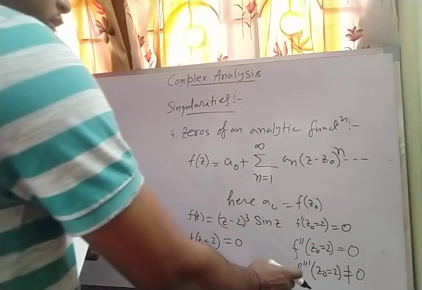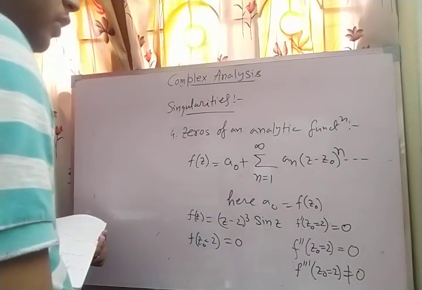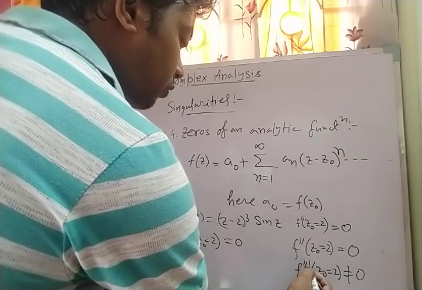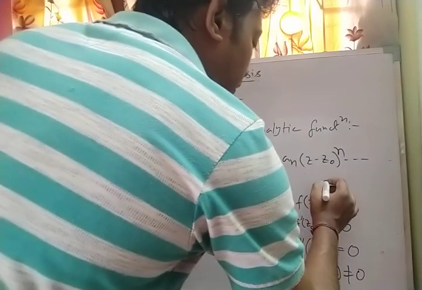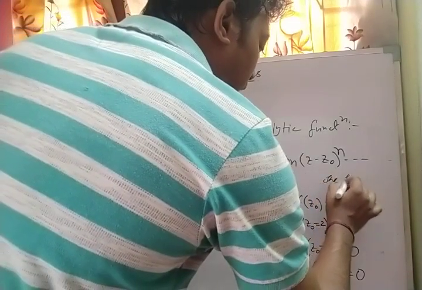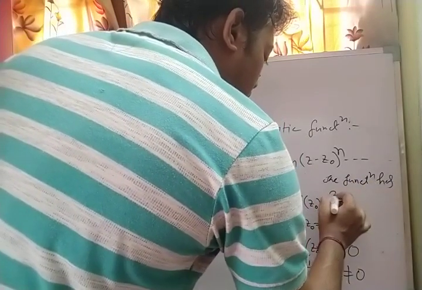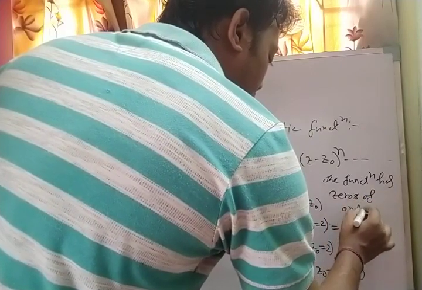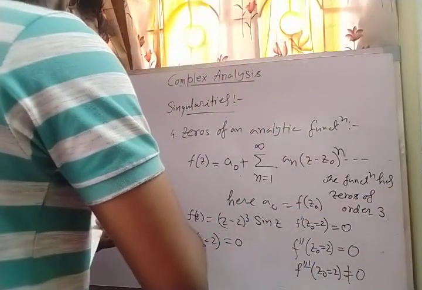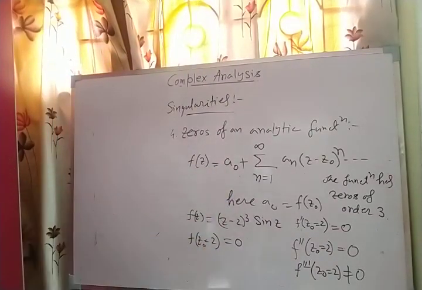So when its derivative does not give 0 value, then we have to count this order for the zeros. So here the function has zeros of order 3. Okay, zeros of order 3.